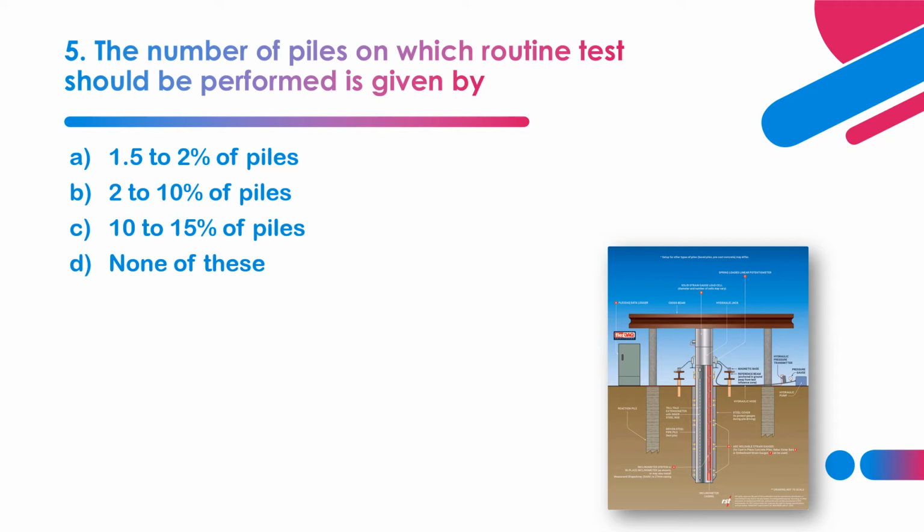1.5 to 2 percentage of piles means that if we are designing for about 10 to 20 piles, we can use only 2 or 2 to 4 piles for the routine test. This is the meaning of 1.5 to 2 percentage of piles.